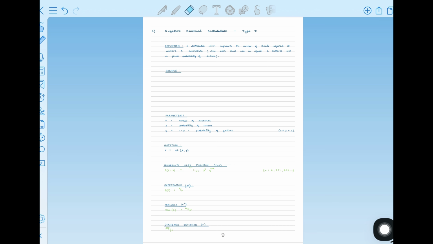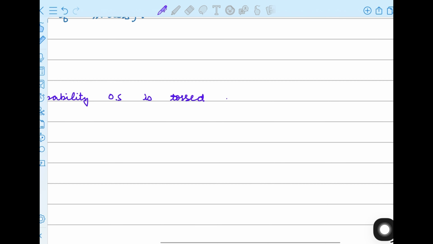Negative binomial distribution type 1. This represents the number of trials required to obtain k successes. For example, a coin with probability 0.5 is tossed until 3 heads occur.